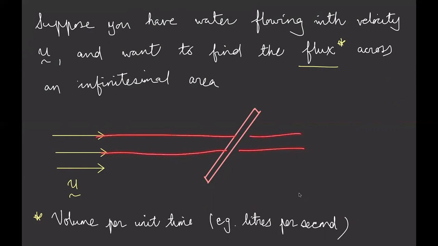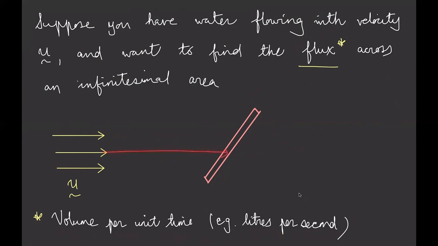It comes like this and flows through this. I'm trying to draw this in three dimensions, so there's a depth here as well, but part of the water is going to flow through the picture frame. What does the flux mean? The flux means the volume per unit time that flows through this. This would be in, say, liters per second, if I'm thinking of this in dimensional units. So it's the amount of water which is flowing through this.